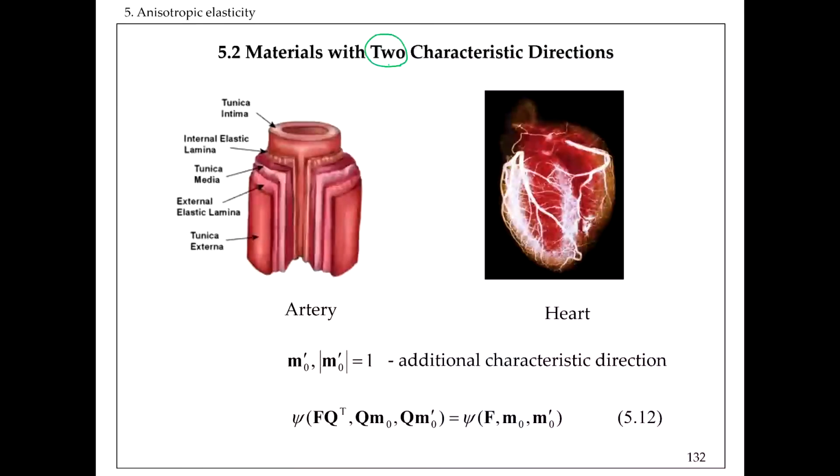The other family of fibers will be aligned in a different direction. And for that we have its own orientation vector, which we tag, M0 tag, and the 0 again indicates that we're talking about the direction in the undeformed configuration.